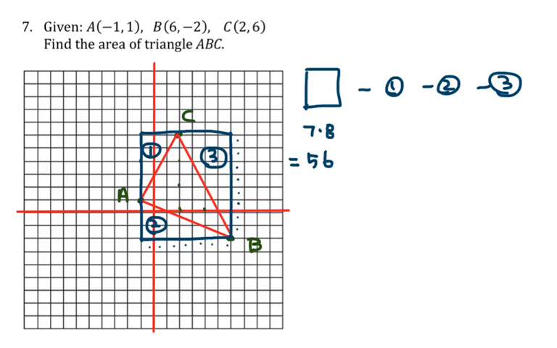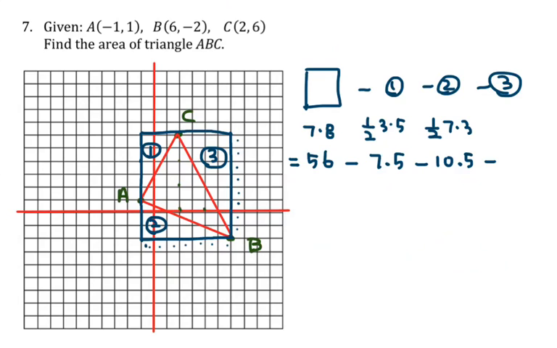So we get 1/2 3 by 5, which is equal to 7.5. Second one is 7 by 3. So we get 1/2 7 by 3, which is minus 10.5.